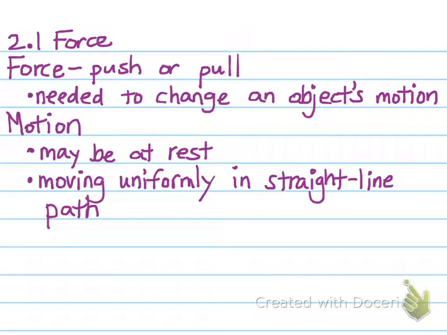So we can have objects that are not moving, in which case we say they are at rest, or an object that is moving. In physics, when our object is moving, we're going to talk about it moving uniformly, at a constant speed in a straight line path.